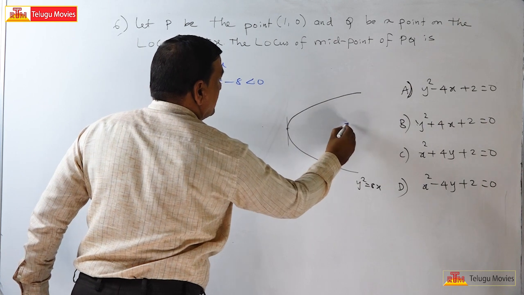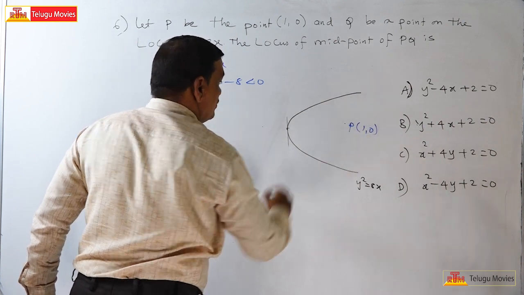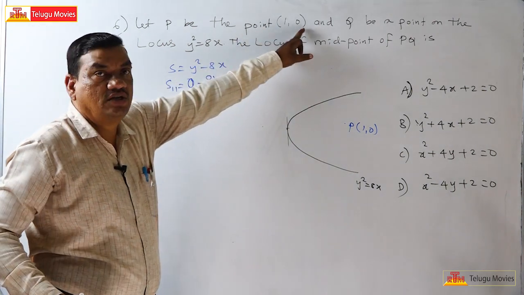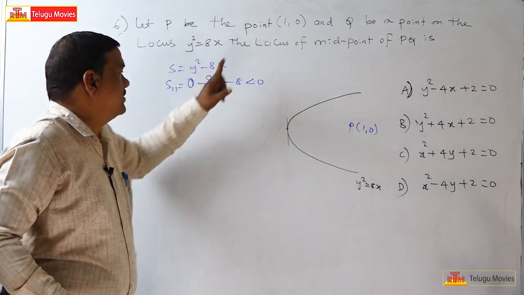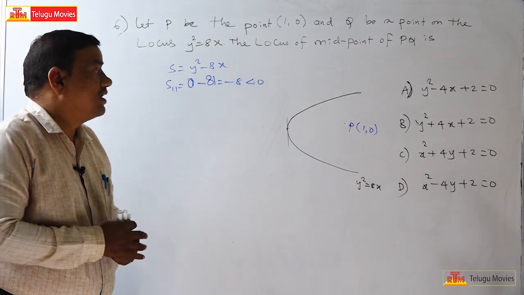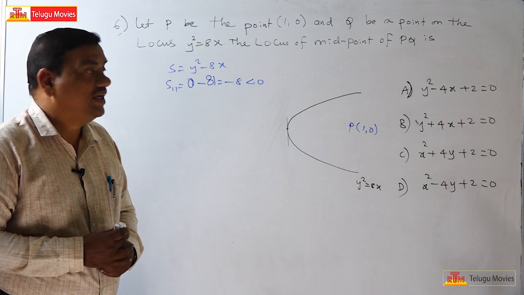Therefore, this point P, 1 comma 0, lies in the interior of the parabola.